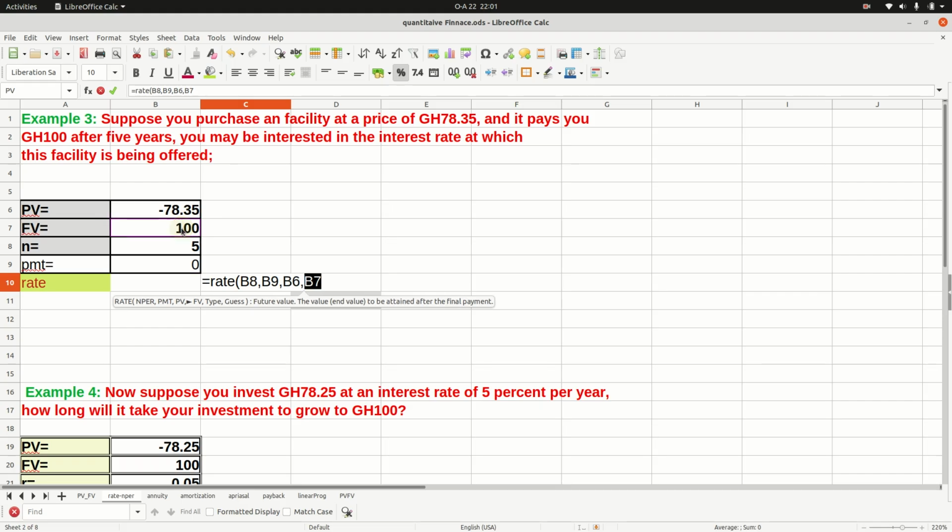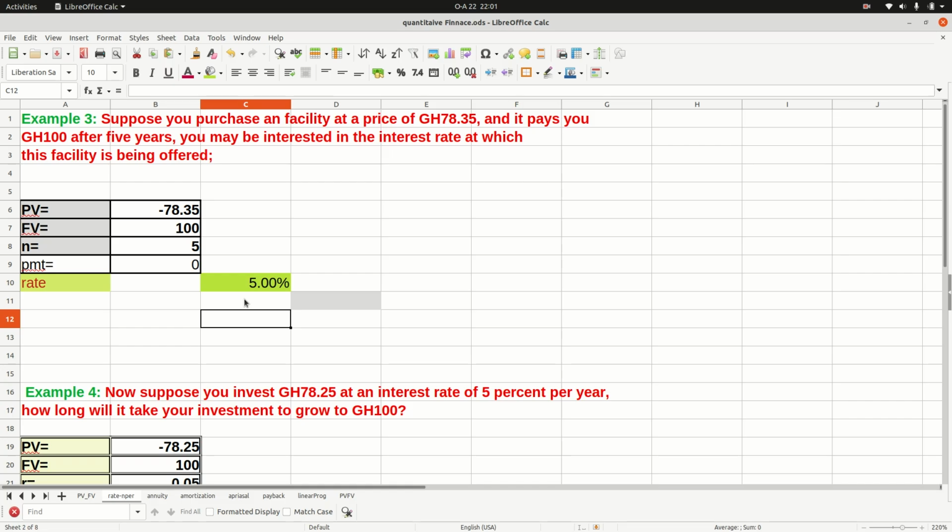And then the type, let's always use the beginning of the year, and then we can leave the guess out for now and then enter. So it means that for the facility being priced at 78 cedis 35 pesewas, it has a rate of 5% for you to be able to achieve 100 Ghana cedis. So that is the rate on it for you. Even though it wasn't given, you can find it.